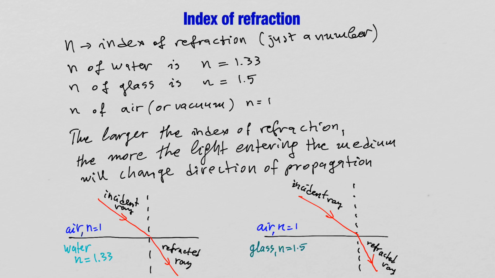So when the light enters from air into water, it bends less towards the normal, changes direction less, compared to when the light enters from air into glass. And the reason for the different amount of change of direction of propagation is that the index of refraction for those two substances are different. So the larger the index of refraction, the more the light ray will change direction of motion when it enters the other substance.